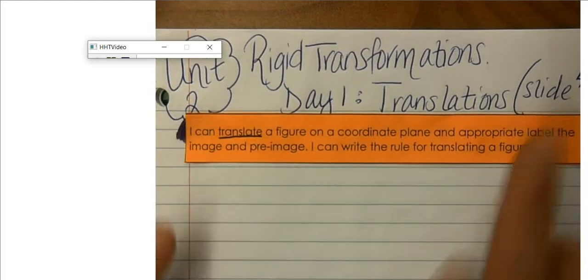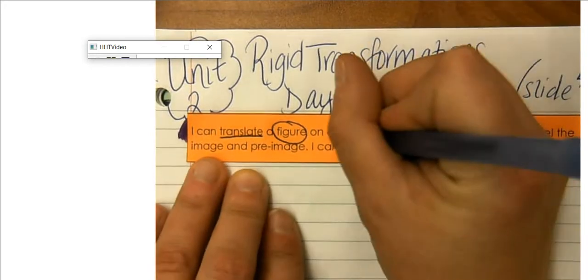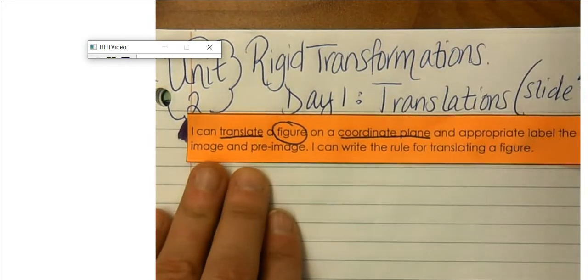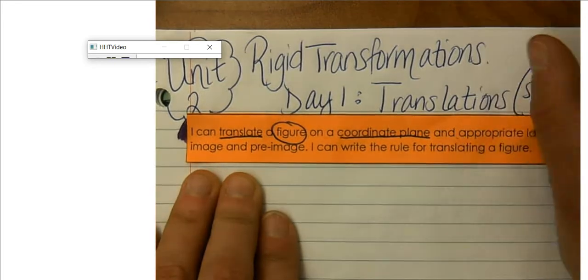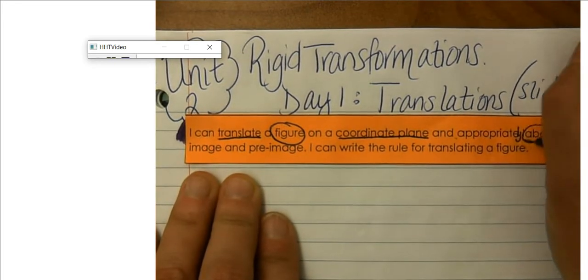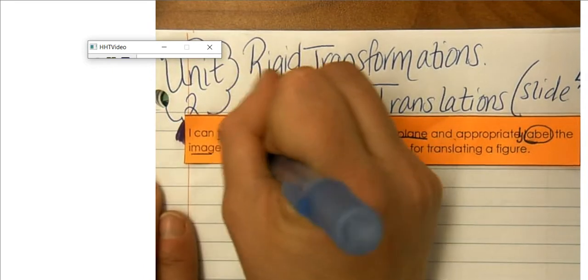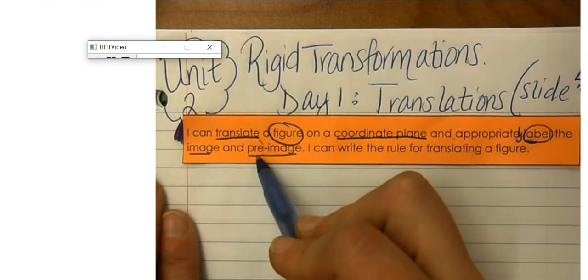So I can translate a figure on a coordinate plane. So we'll be working with ordered pairs and appropriately label the image and pre-image. Notice the word pre right here, that means to come before.